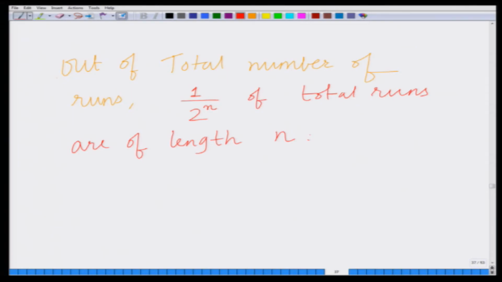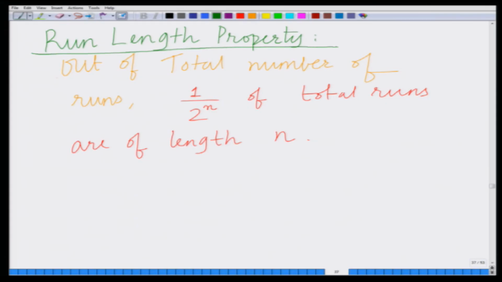Right. So, this is known as the run length property of the CDMA sequences, which says that a 1 by 2 to the power of n fraction of runs are of length n, which means half, that is 1 by 2 to the power of 1, of the total runs are of length 1, 1/4 of the runs are of length 2, 1/8 of the runs are of length 3, and so on.